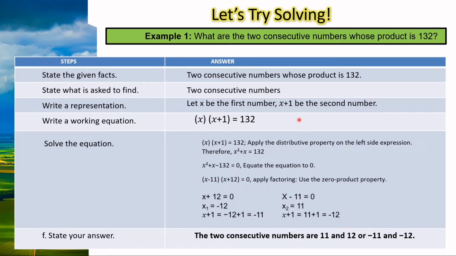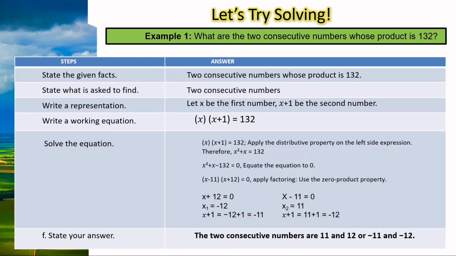Since we are simply looking for two consecutive numbers whose product is 132, that could be a set of negative integers or positive integers. And those are negative 12 and negative 11, and also positive 11 and positive 12. So there are two sets of answers that could satisfy the given problem.